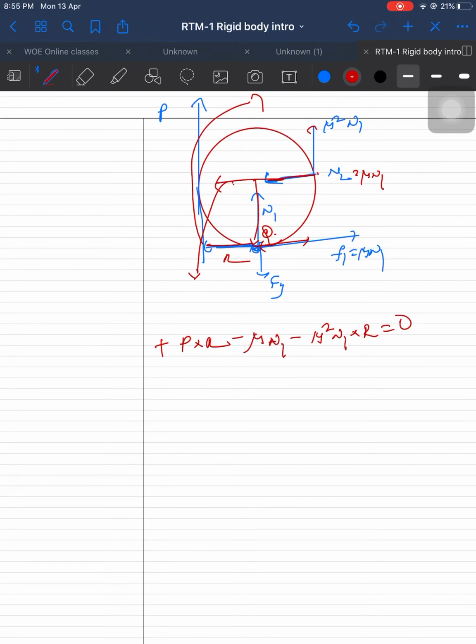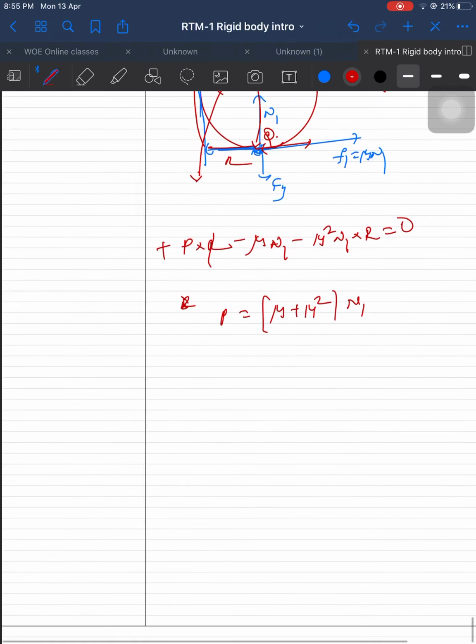Net torque is equal to 0 about the point. Simplify it, P into r, r gets cancelled everywhere, and P is equal to mu plus mu square into N1.